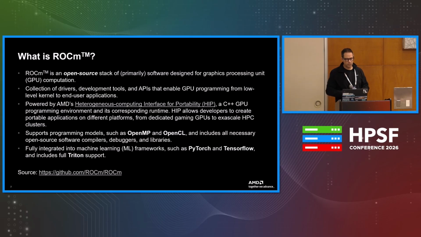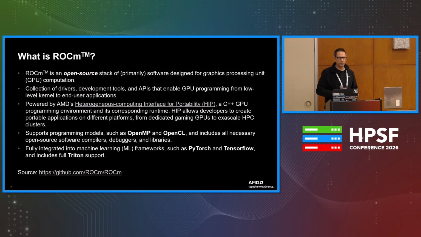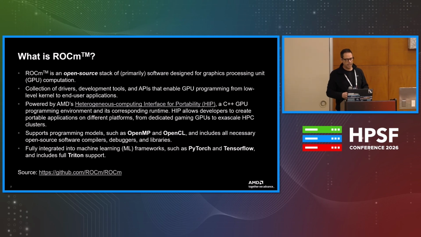It supports a couple of different programming models in addition to HIP, OpenMP target offload, as well as OpenCL, and also open source compilers. The compiler, for example, is LLVM based, and debuggers and libraries. So the debugger is GDB based, and then other open source libraries. And it's fully integrated into machine learning frameworks, including PyTorch and TensorFlow, and it has full Triton support for everybody who's interested in that.